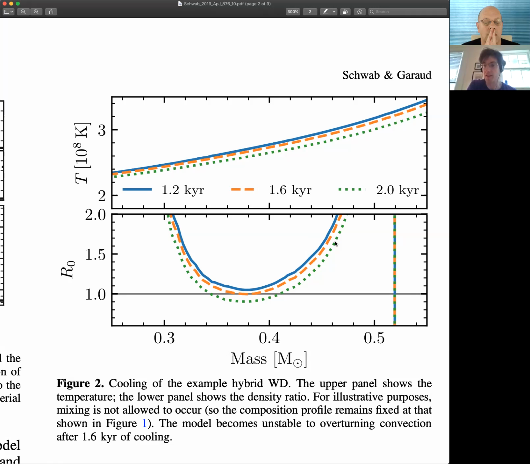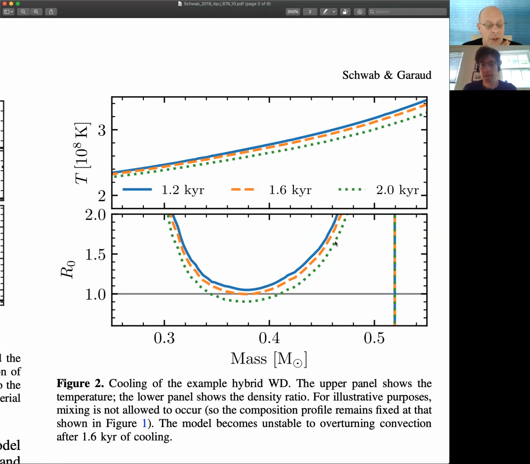So this dip is compositionally driven. And as a function of time, the density ratio is falling. When it falls below 1, which is just the orange dashed line has just kissed that, and the green dotted line is now below that, that indicates we're now unstable to convection, and that overturning convection is able to begin.